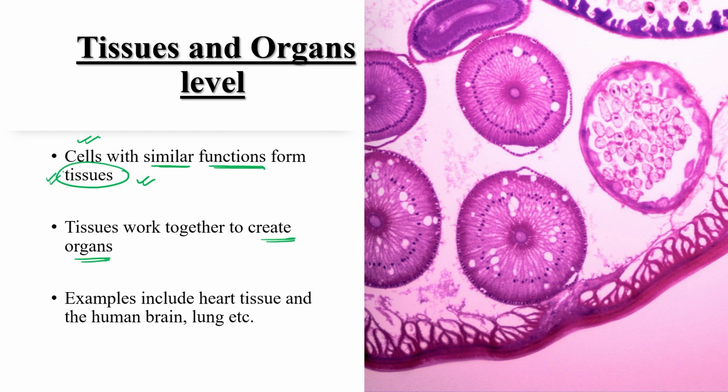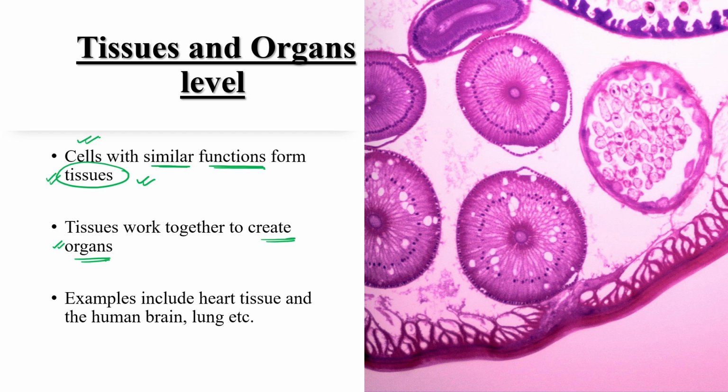And when tissues work together to perform a single type of work, it may be possible that different types of tissue work together and create an organ, like lungs, like heart, like our skin, or organs like our stomach, liver, whatever it is.